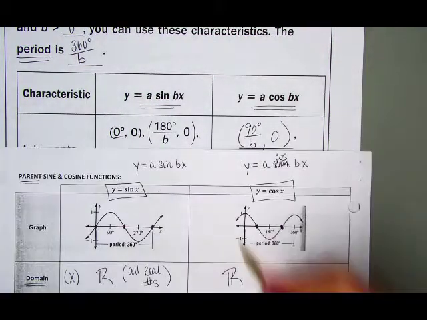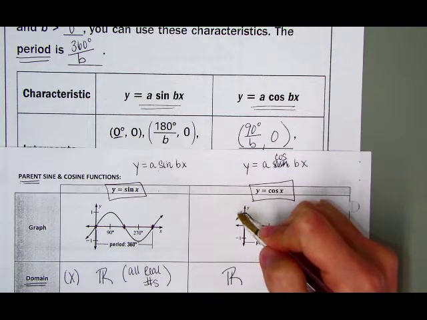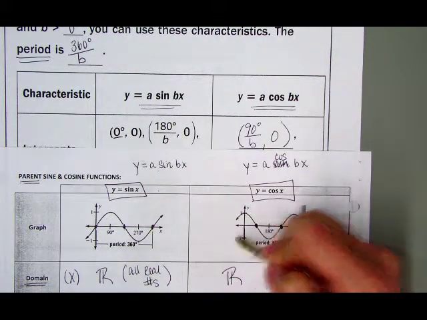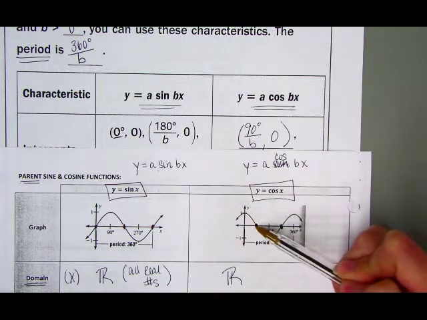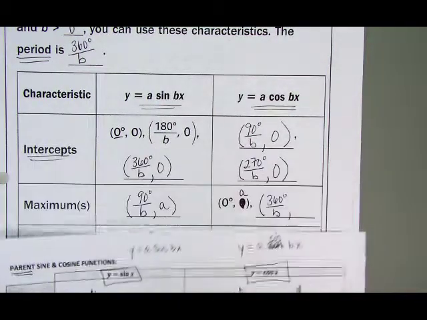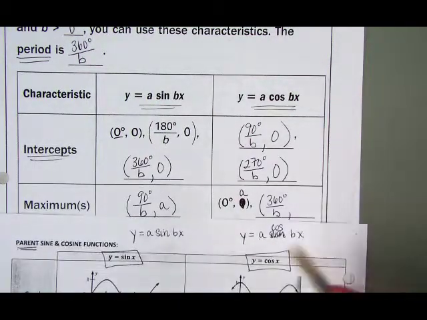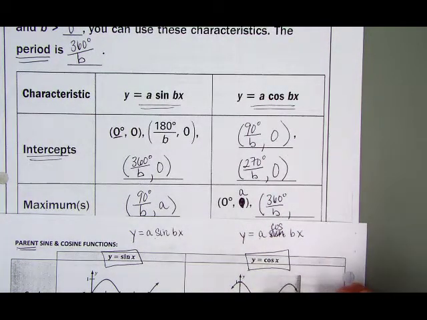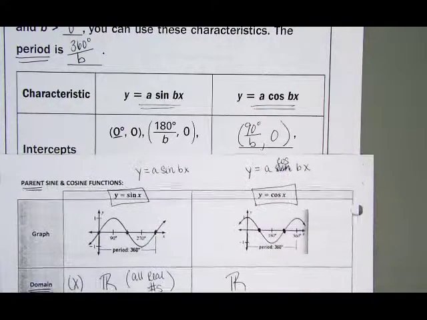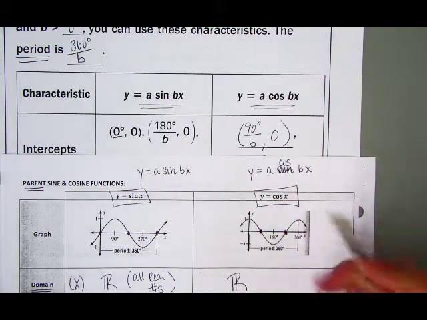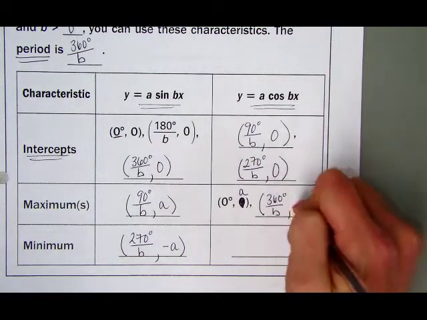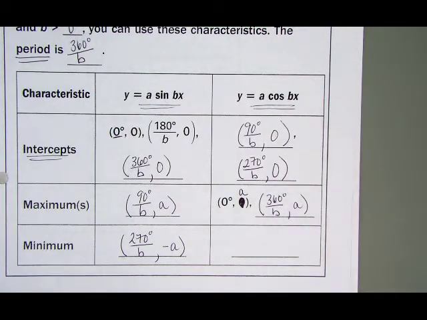Our maximum happens at, instead of 1, it'll be a. Instead of negative 1, it'll be negative a. The idea is that our first maximum happens at 0 degrees and a, and our second maximum happens at 360 degrees divided by b and whatever our a value is going to be for that.